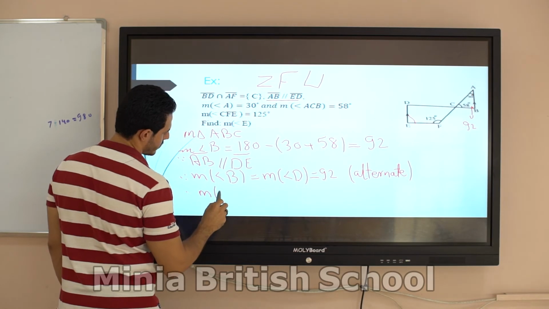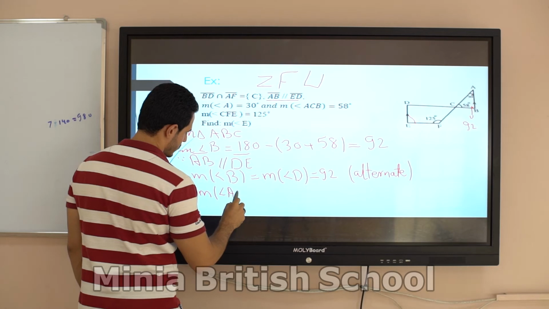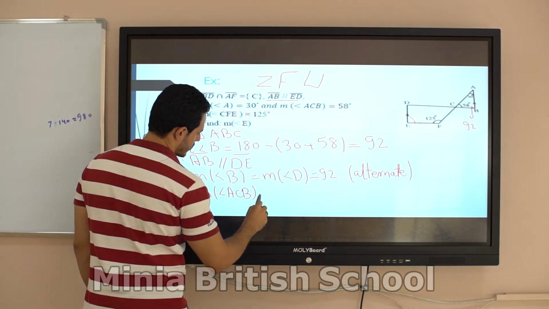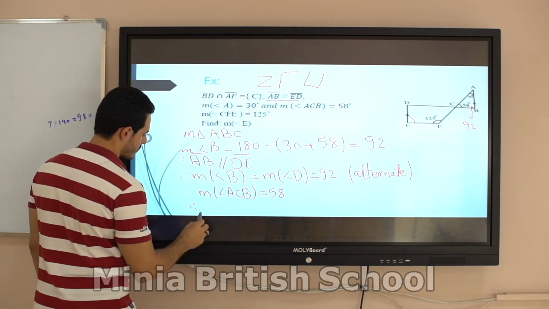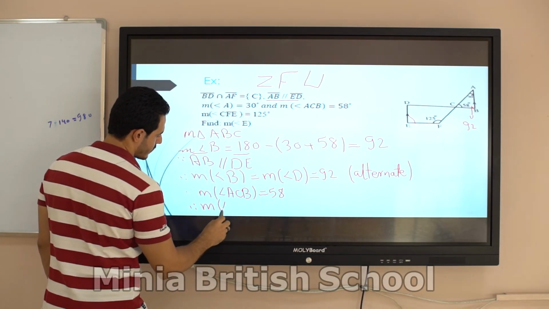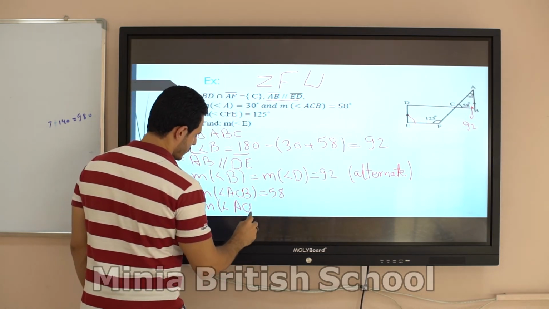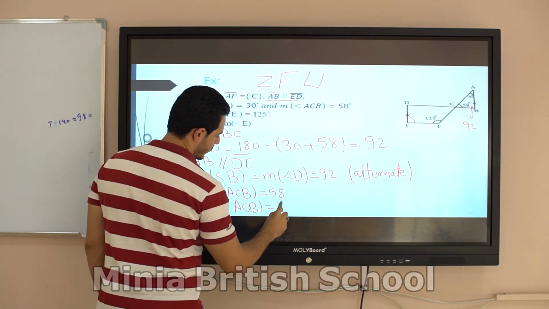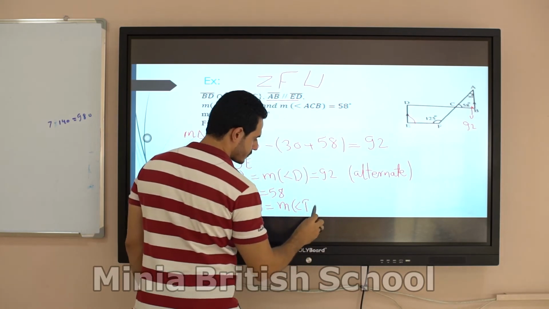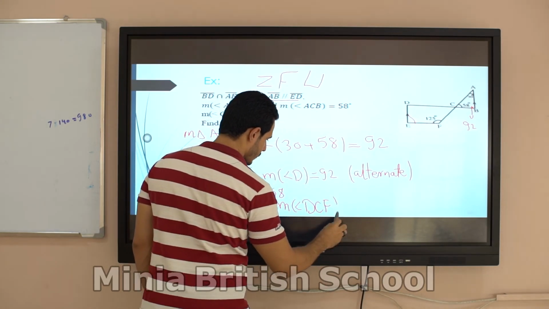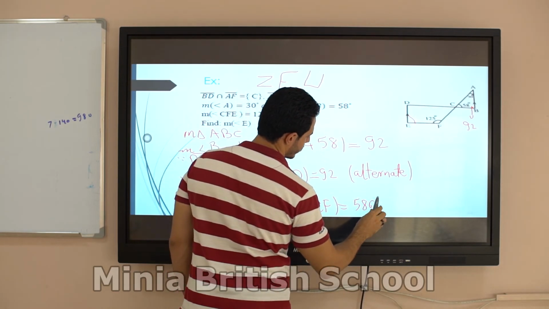Since the measure of angle ACB equals 58, then the measure of angle ACB equals the measure of angle DCF, which equals 58 degrees.